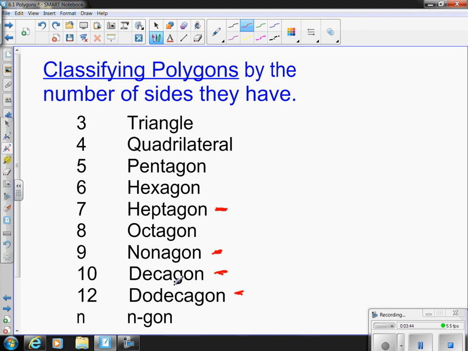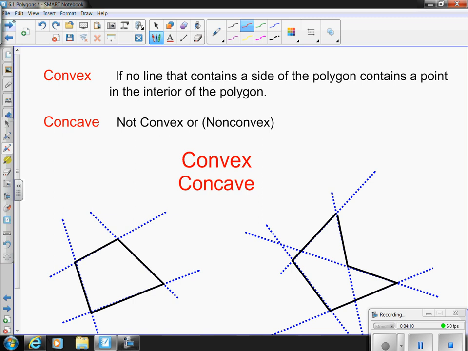If you remember, in the metric units, there's a decameter, which means 10 meters. So deca means 10, and hence 10 sides. A dodecagon is 12 sides. And in general, we can talk about an n-gon having n sides, a variable number of sides.